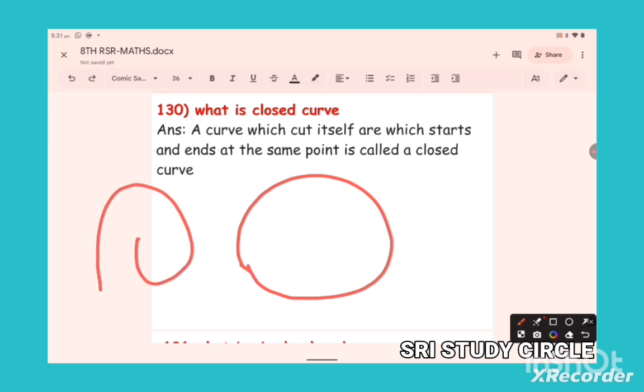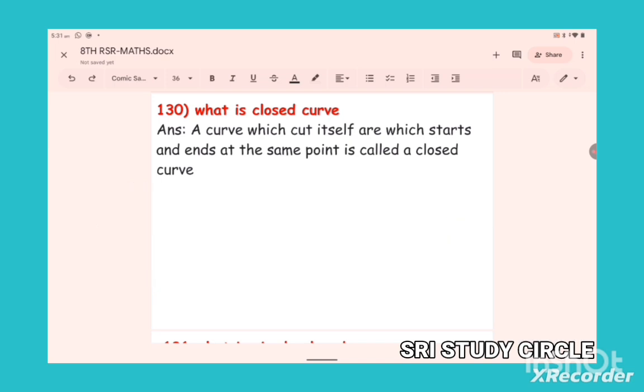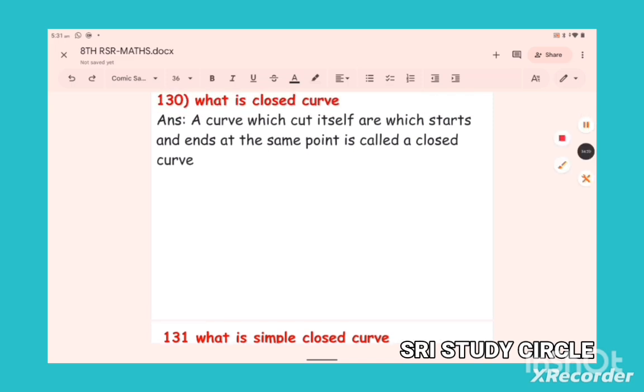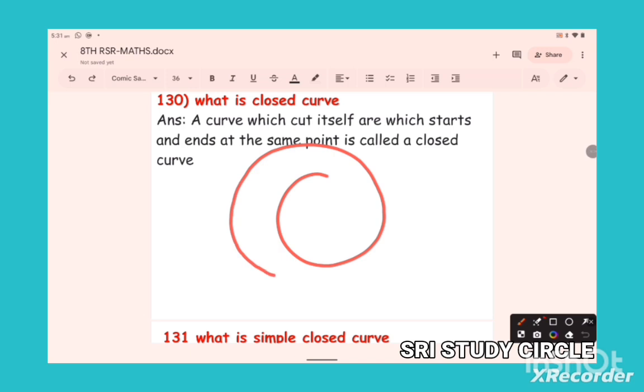This is an open curve. Open curve. Closed curve.